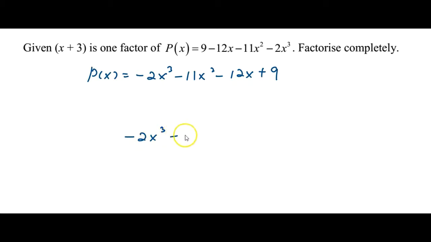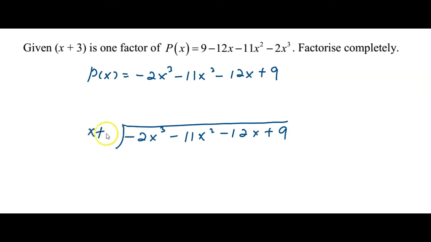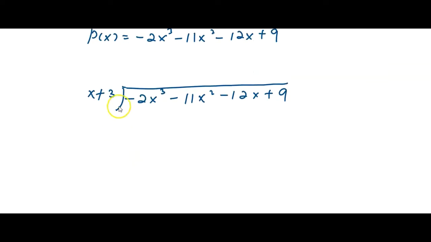Negative 2x cubed minus 11x squared minus 12x plus 9, we put inside this division symbol. The divisor is x plus 3, which is the first factor given by the question. I'm going to divide negative 2x cubed by x, finding out the first term of our quadratic factor. So negative 2x cubed divided by x, we have negative 2x squared.